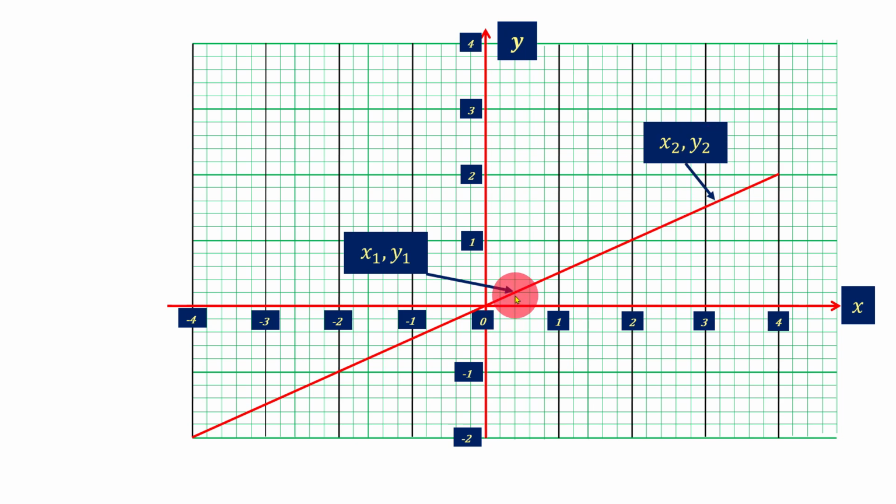That means that at this point here, the value of x should be 0.4 because you can see from 0 to 1, there are 5 spaces. And if you divide 1 by 5, you get 0.2. So this one should be 0, 0.2, 0.4, 0.6, 0.8, 1.0, and so forth. So I count in steps of 0.2.